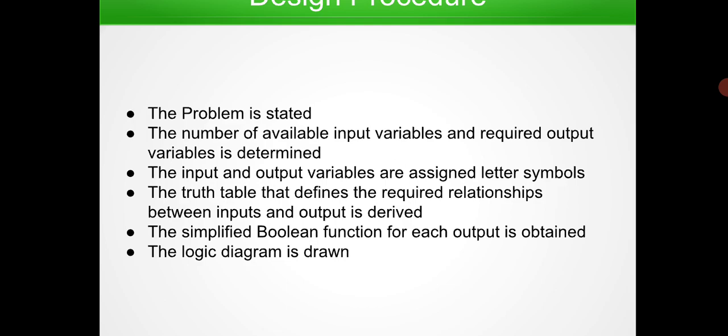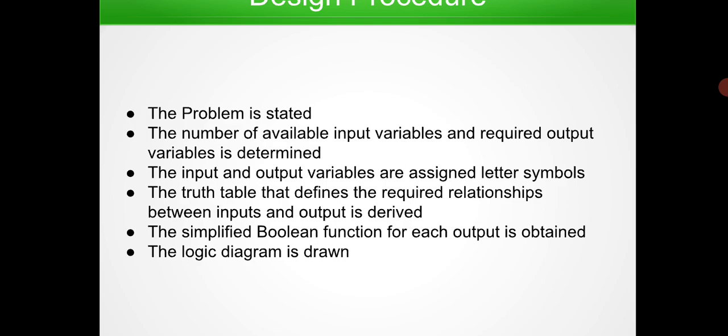Next, the truth table that defines the required relationships between input and output is derived. The truth table is one of the important concepts, because if you have zeros and ones, binary concepts, multiple inputs and some operations, and you want to predict some output, the truth table will help you a lot.